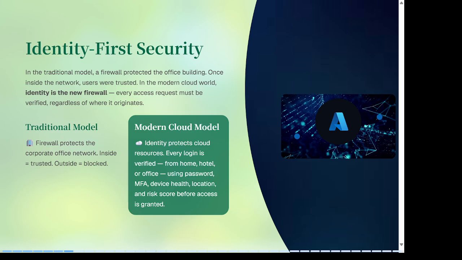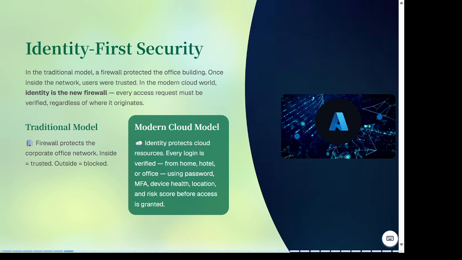Okay, let me ask you a simple question. In the traditional IT world, what did organizations trust? They trusted the network. In the traditional on-premises model, a firewall protected the corporate office network. If you are inside the network, you are trusted.